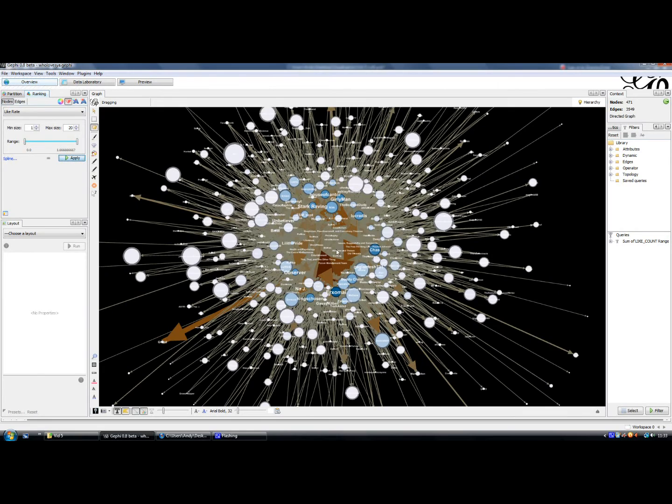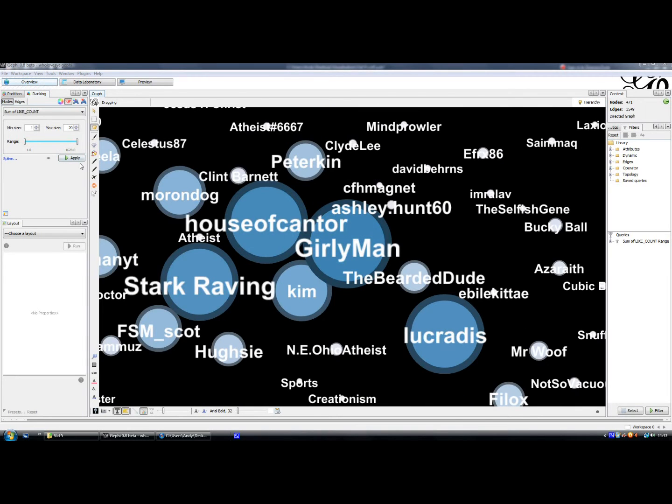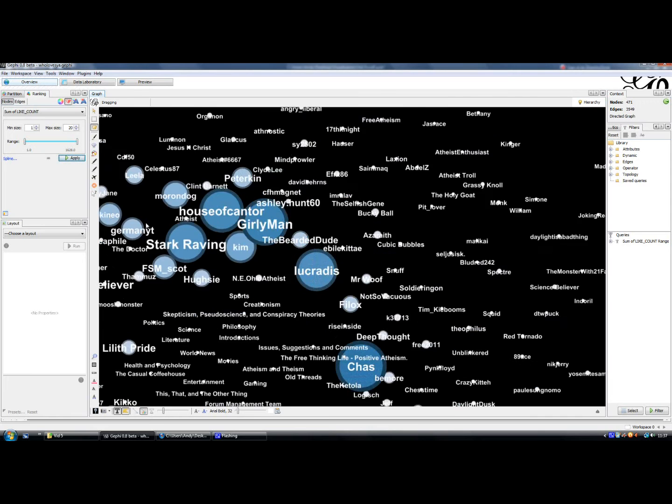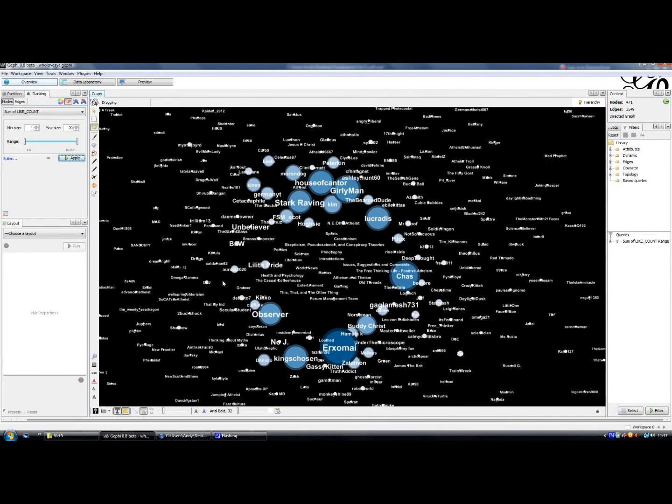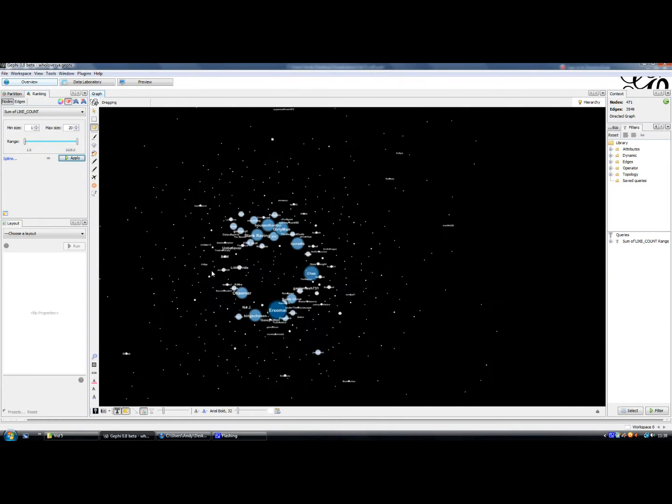This got me thinking. Users who had a significant number of posts and a high like rate must have interesting things to say. But before we get onto that, let's have a look at some specific examples of likes per post. Firstly, here's the total number of likes view again, so whoever's had the highest number of likes appears biggest.